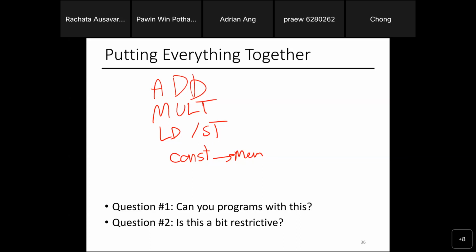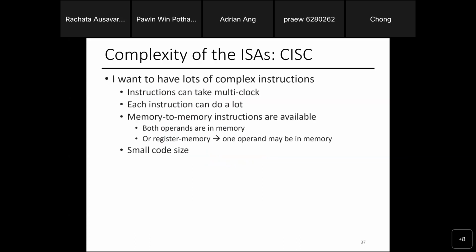But here are the basic elements. Now, the complexity of instructions is CISC versus RISC. CISC stands for complex instruction set computer. Back in the day, we used the word computer. These days, complex ISA. Complex ISA comes from the school of thought that says, I want to build an ISA that can support a lot of instructions, because why not?